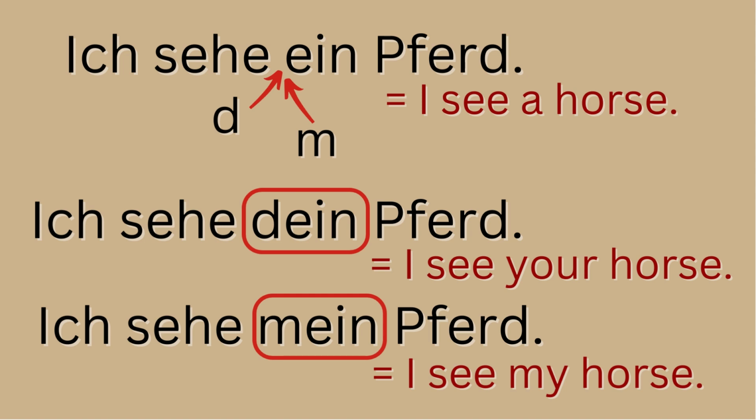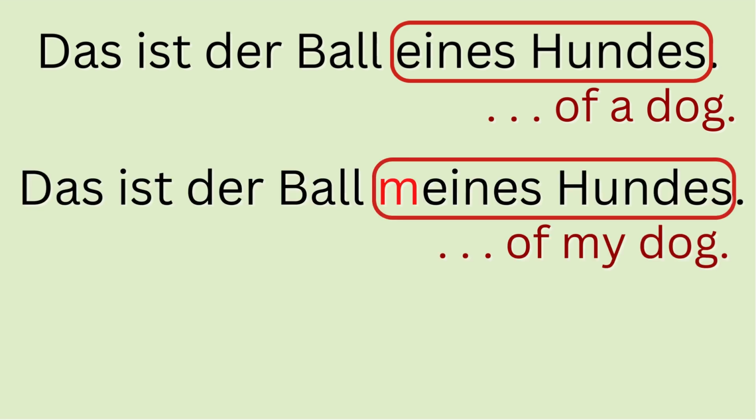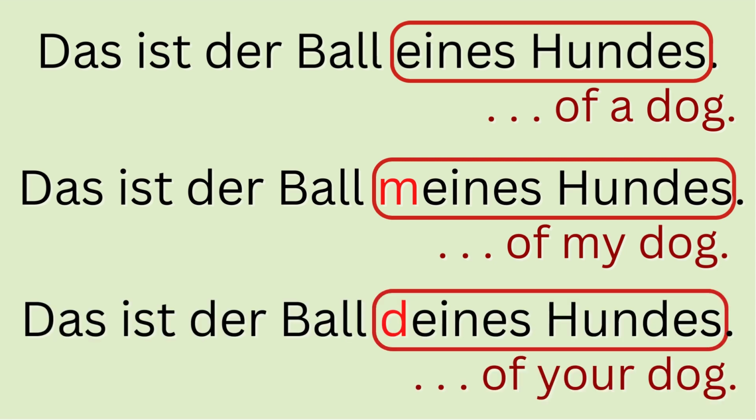Or ich sehe mein Pferd, I see my horse. Or to give another example, this time with the genitive case, das ist der Ball eines Hundes, that is the ball of a dog. I could easily change that to das ist der Ball meines Hundes, that is the ball of my dog. Das ist der Ball deines Hundes, that is the ball of your dog.